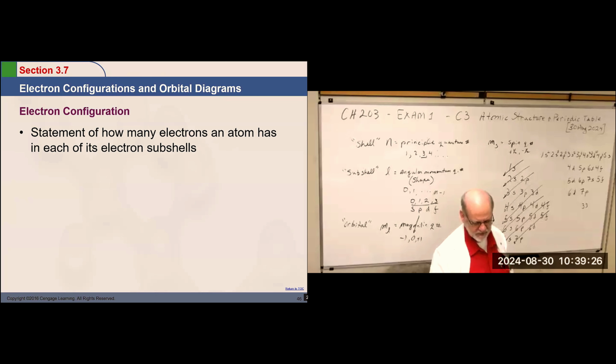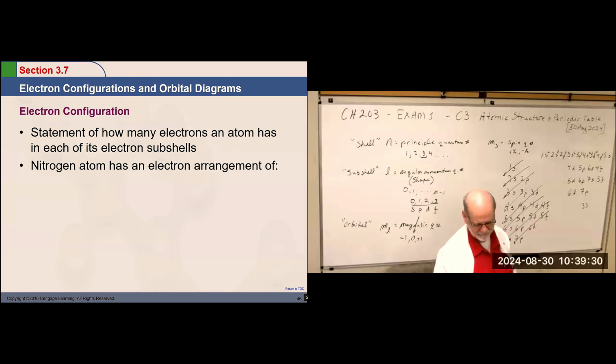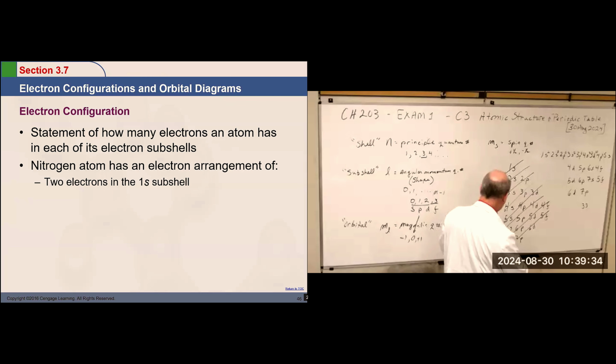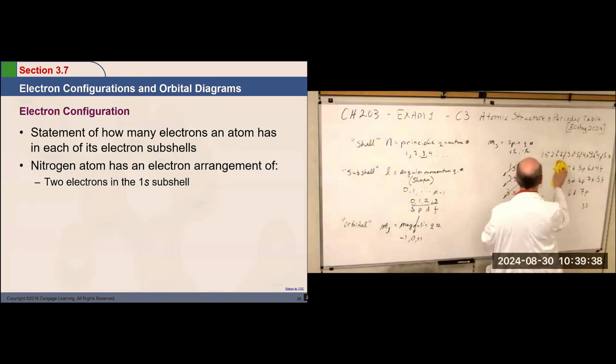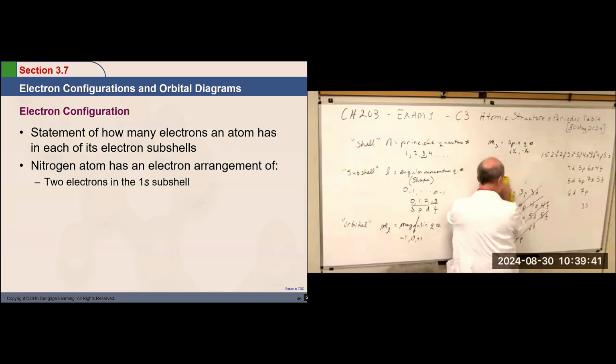Okay, this is known as the electron configuration. So if we take examples, I'll leave that one up there since we've already extracted it from our diagonals. Keep that there.